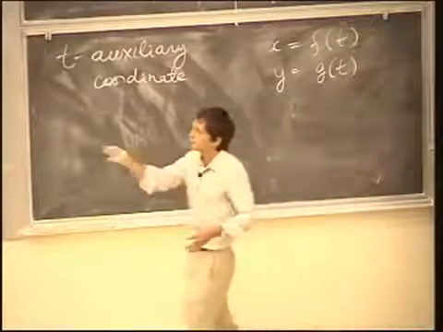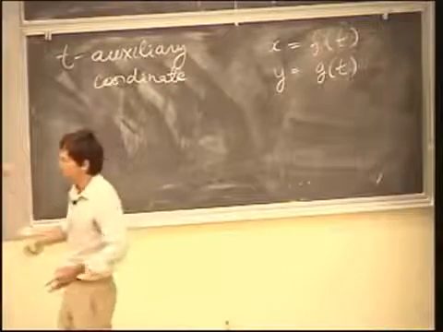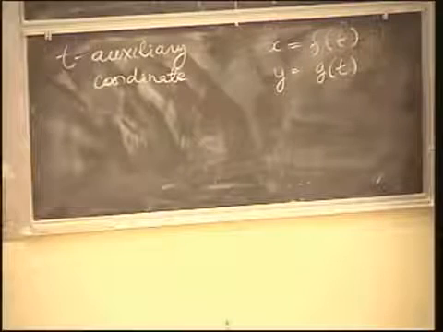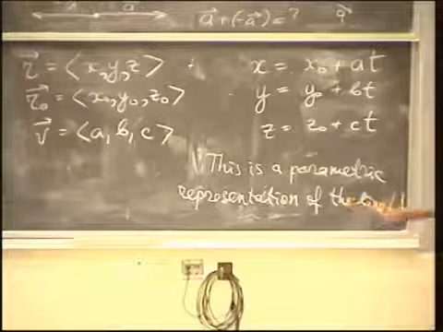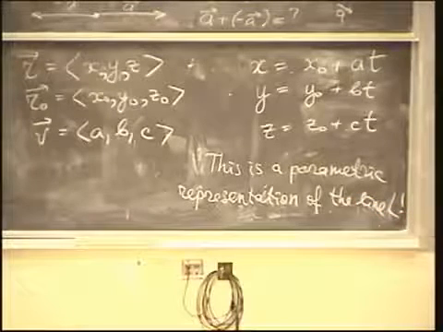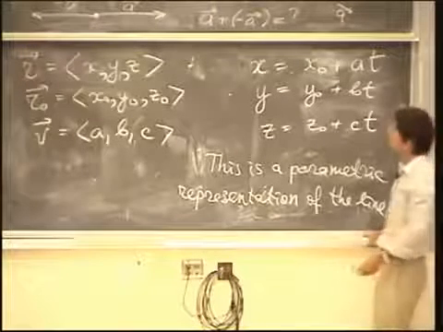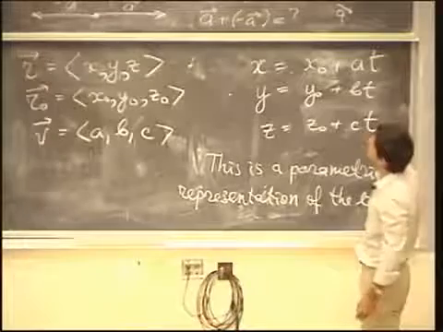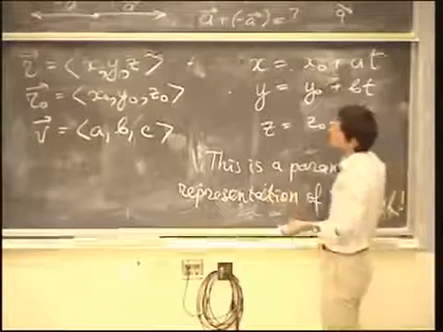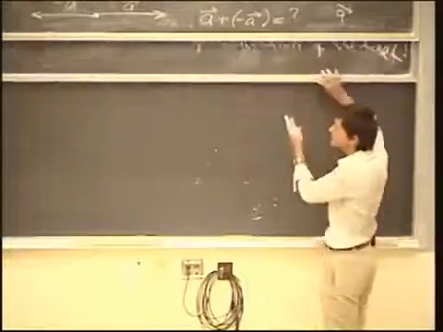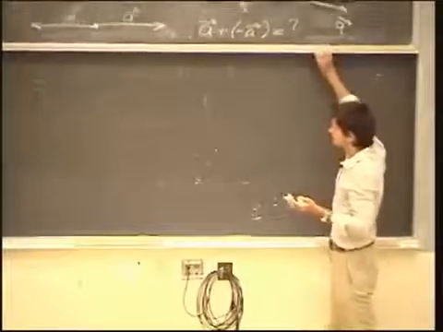So I explained to you how to derive it by using vectors. But once you have the end result, you recognize that this is simply a parametric representation of the line. So in practice on homework and on various tests, you're going to be asked to find parametric representation for a line like this.